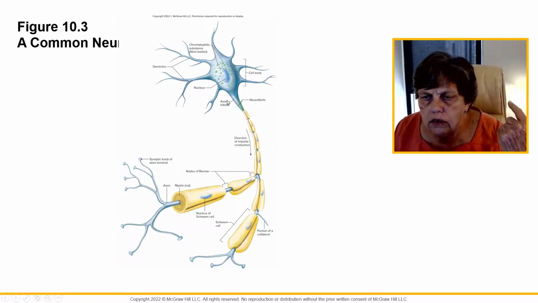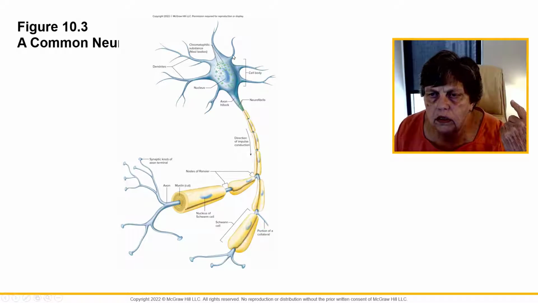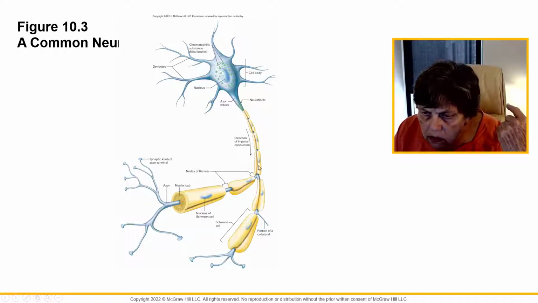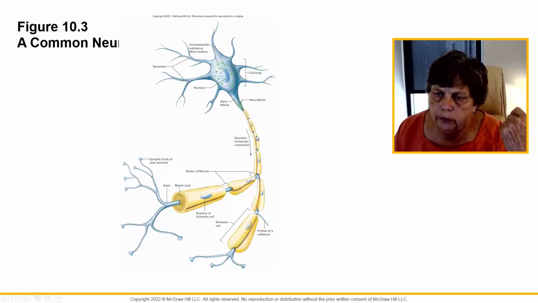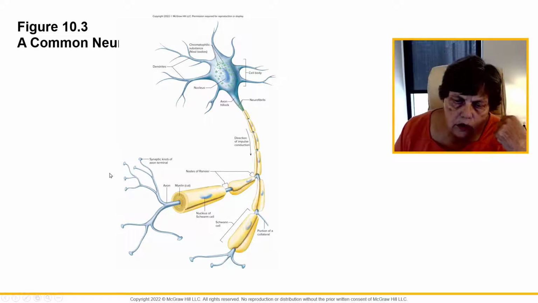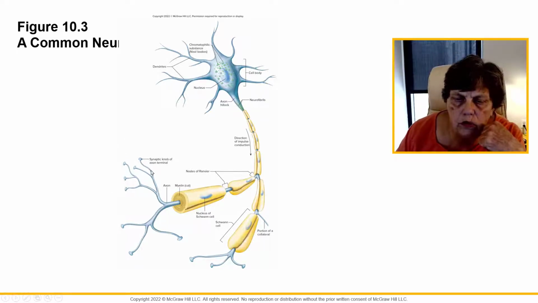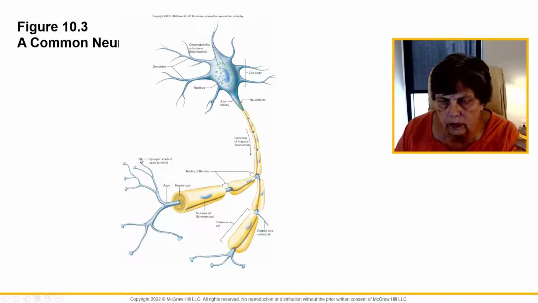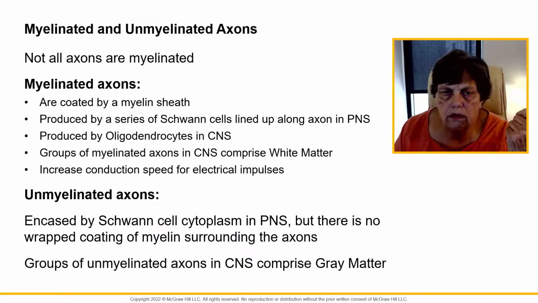So you can see there's our axon hillock, there's our cell itself, and you can see that myelin sheath. There is your Schwann cell, and these are the little nodes of Ranvier. So instead of going like this, you can go bump, bump, bump, bump, bump, and it allows you to transmit a lot further. And you can see the axon terminal with the synaptic knob at the end.